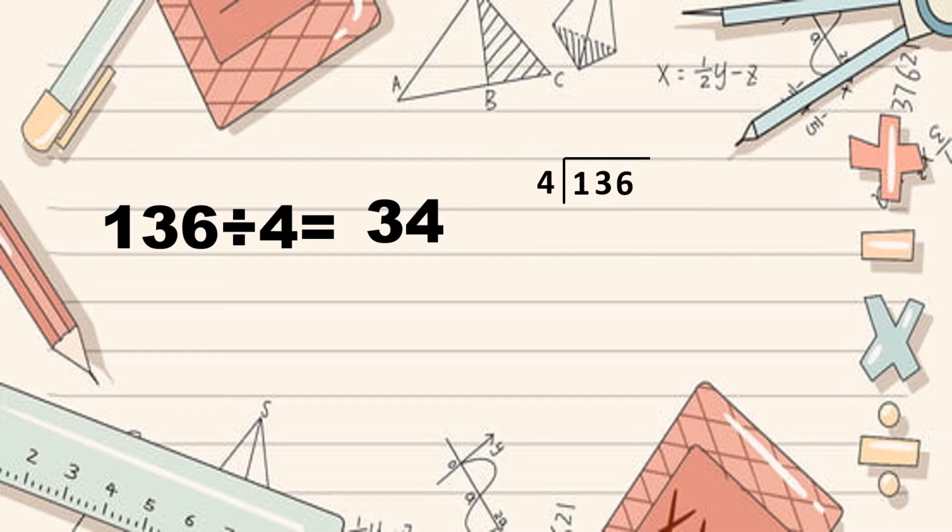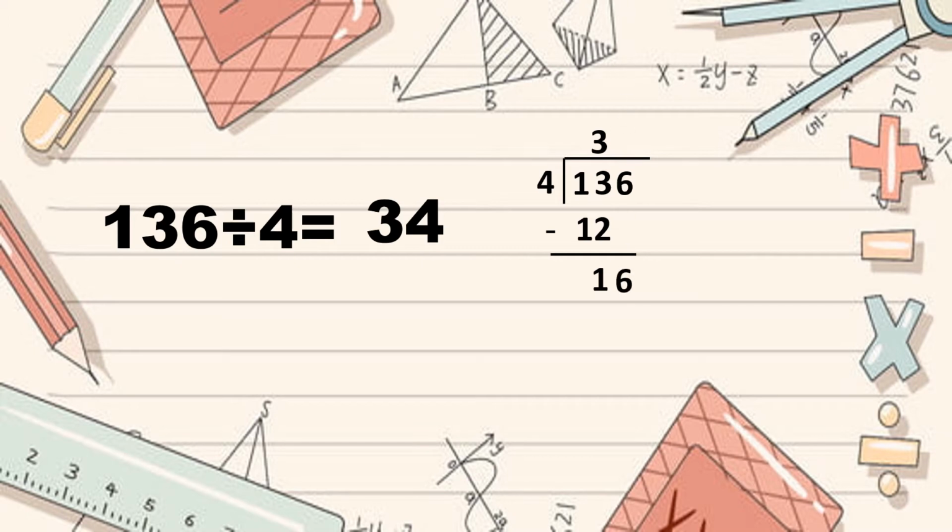136 divided by 4. 1 divided by 4 is not possible. So, 13 divided by 4 is 3. 3 times 4 is 12. Then, subtract 13 minus 12 equals 1.